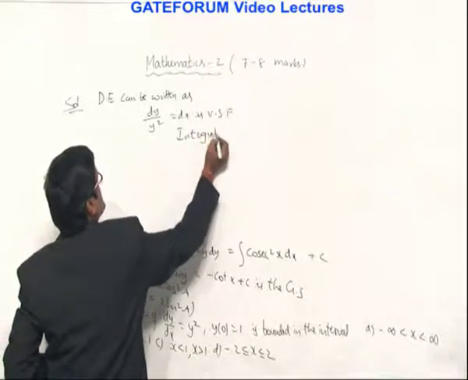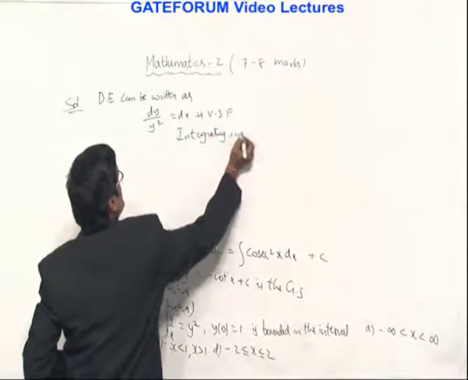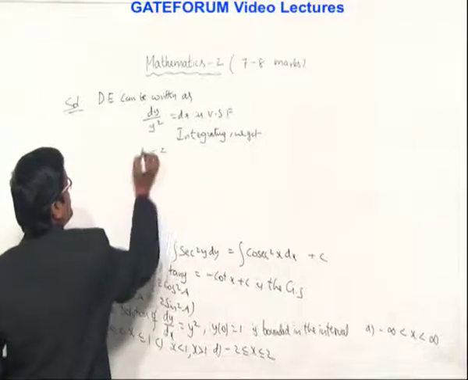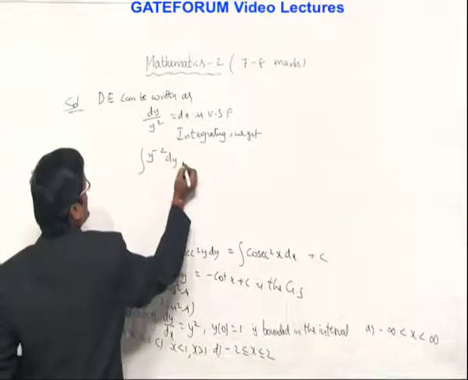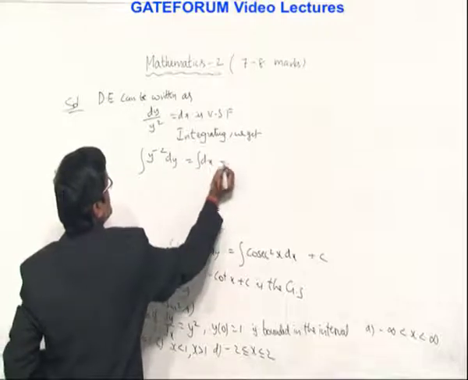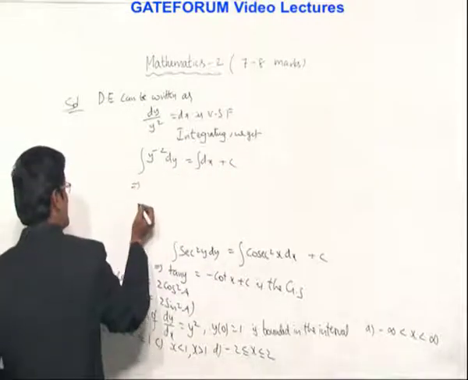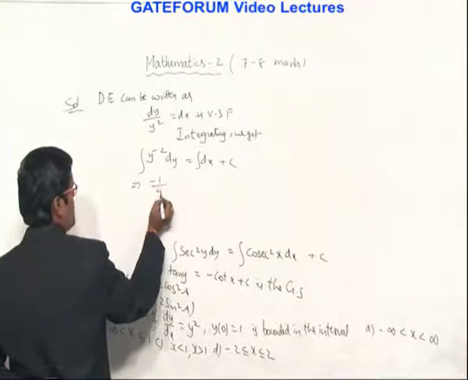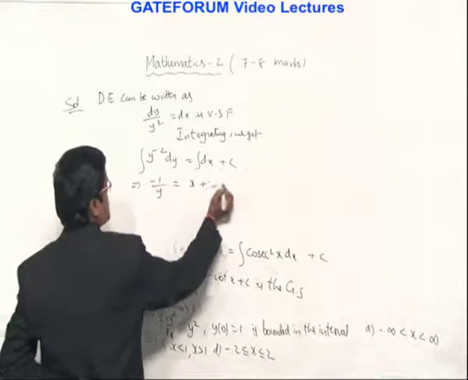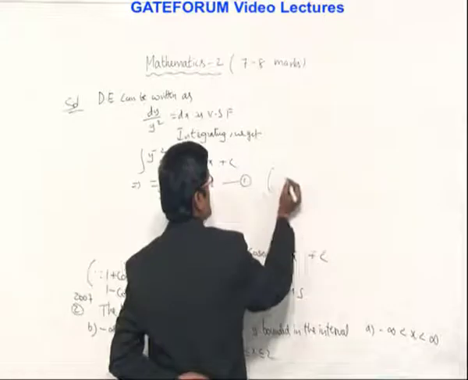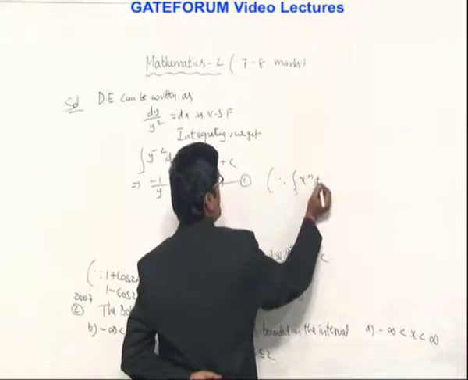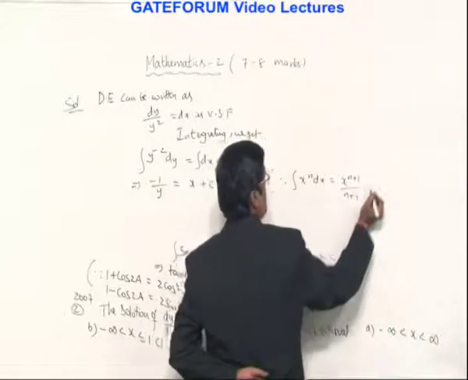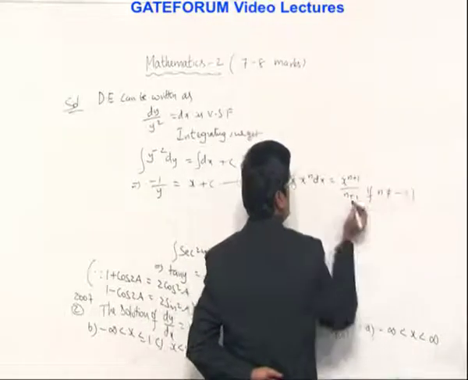Integrating, we get 1 by y square is y to the power minus 2 dy, integral dx plus c. X power n integration is x power n plus 1 by n plus 1. Using that, it simplifies to minus 1 by y is equal to x plus c, equation 1, since integral x power n dx is x power n plus 1 by n plus 1 if n is not equal to minus 1.